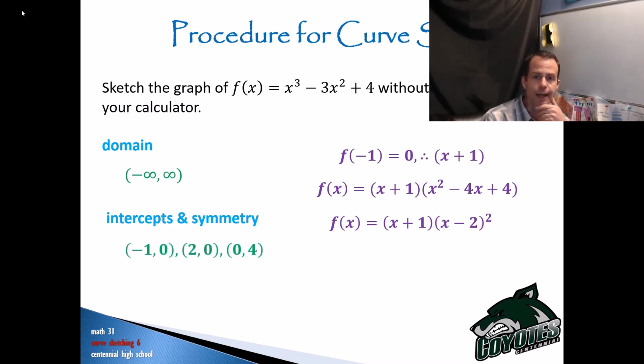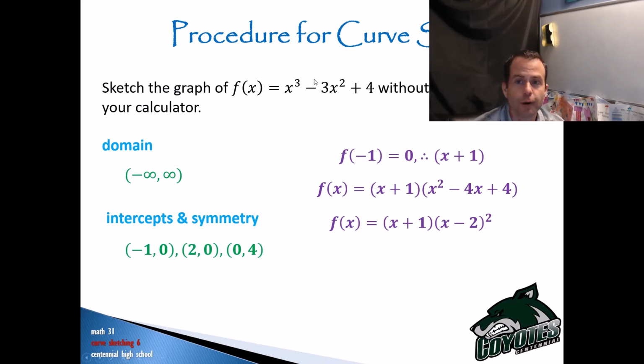As far as symmetry goes, the first thing I want to do is plug -x in. If I plug -x in here, that's going to give me -x cubed minus 3x squared plus 4. So f of x does not equal f of -x. But now that I know what f of -x equals, I want to look at negative f of x and see if those are the same thing.